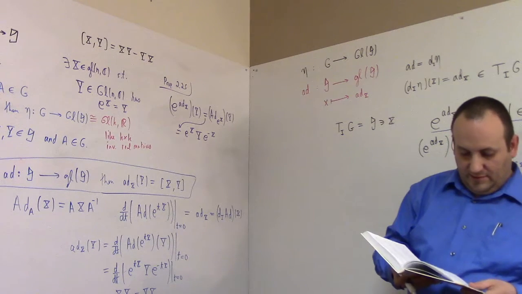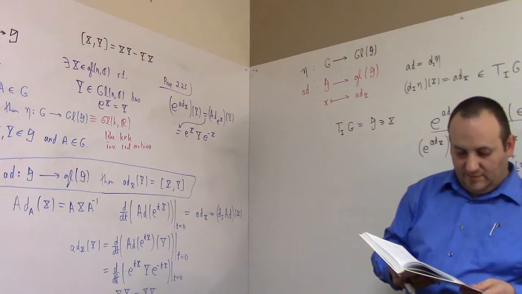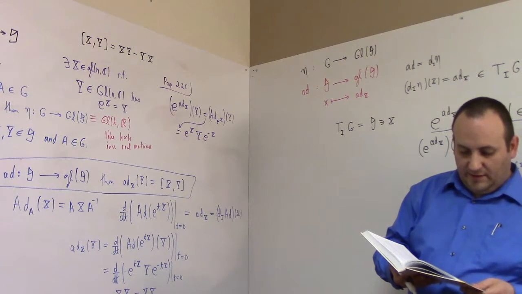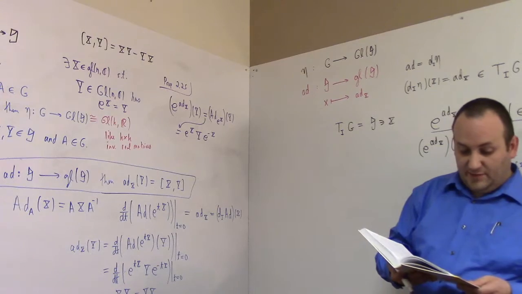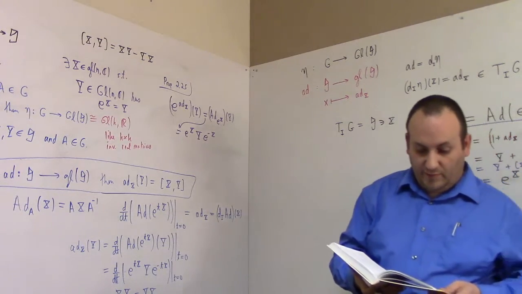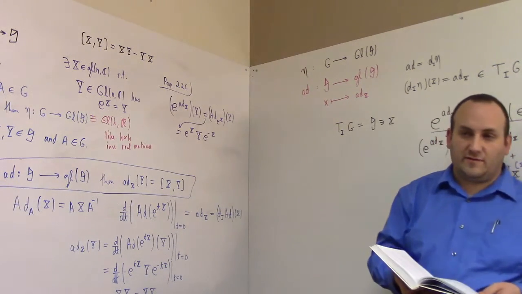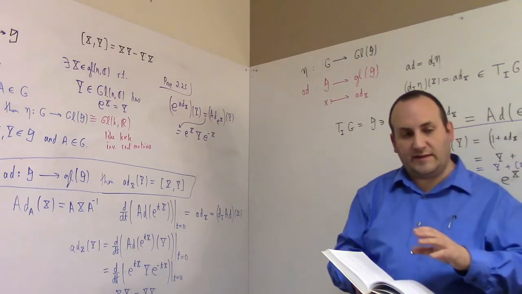And corollary 2.29: if G is a matrix Lie group with Lie algebra g, there exists a neighborhood of 0 in the Lie algebra and a neighborhood V of the identity in the group, such that the exponential mapping is a homeomorphism from the neighborhood of 0 to the neighborhood of the identity.